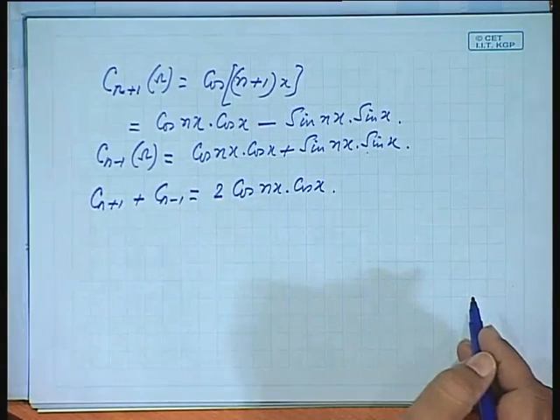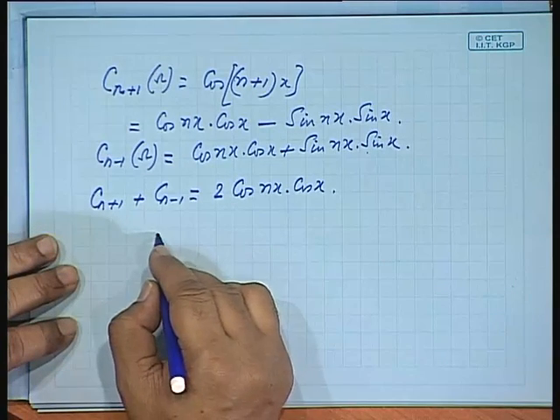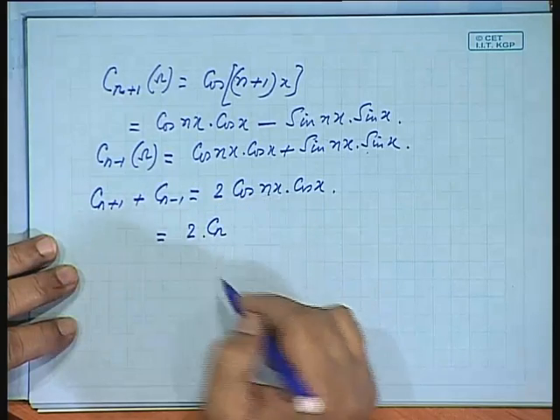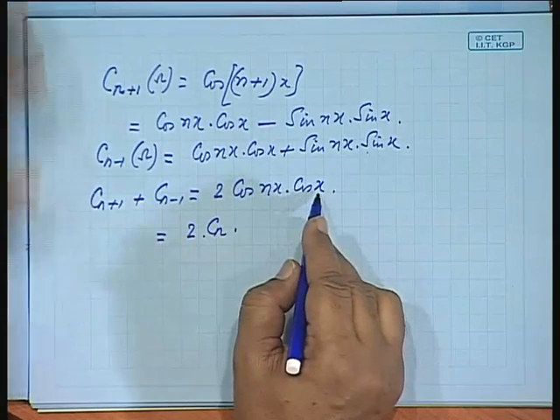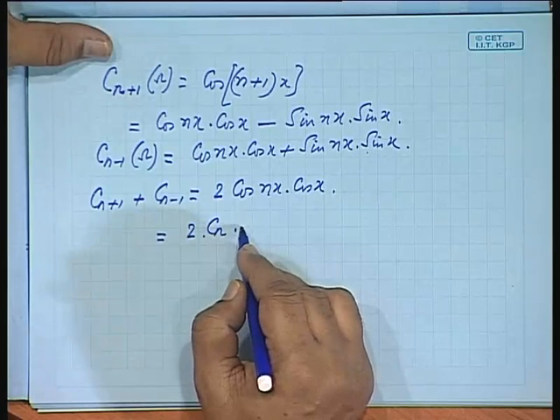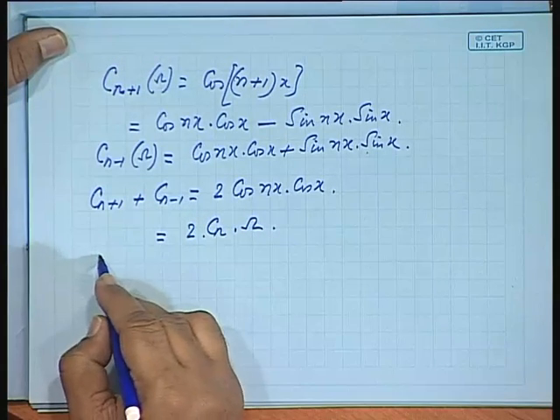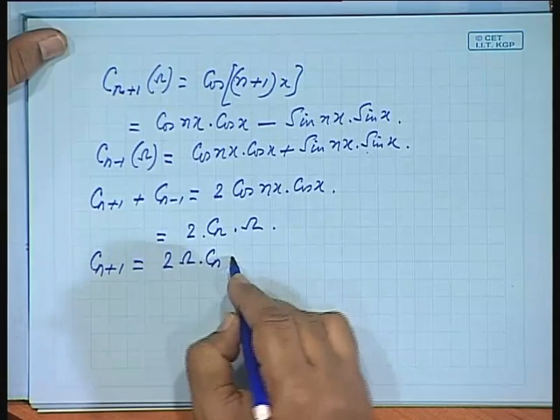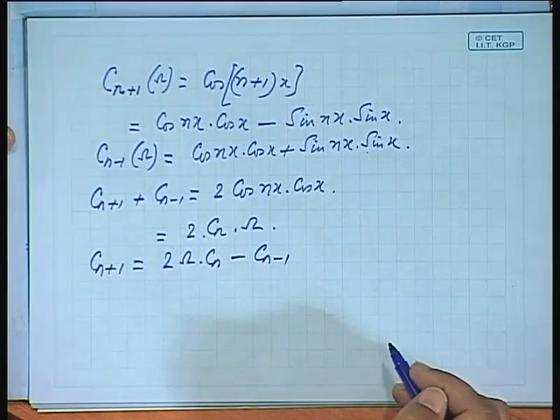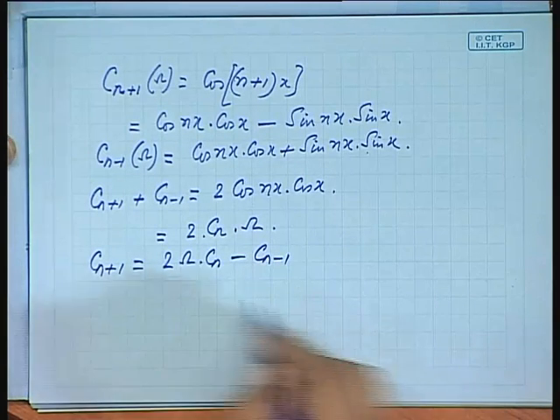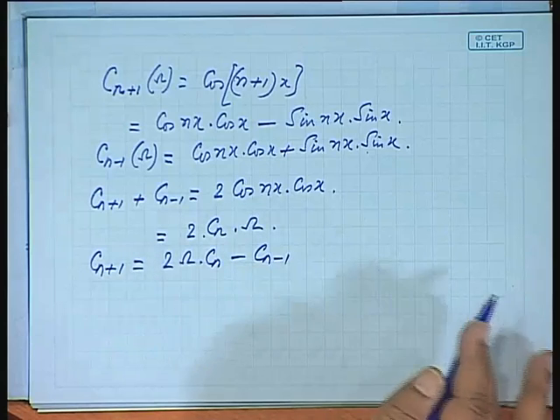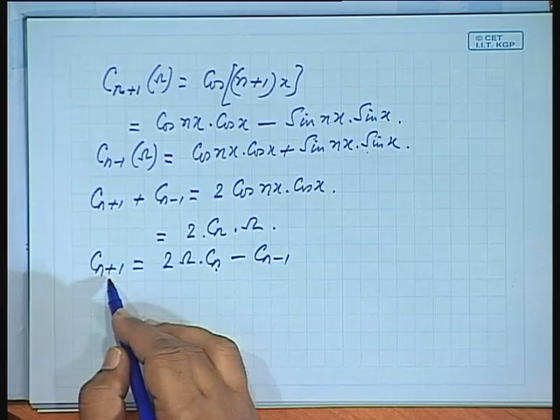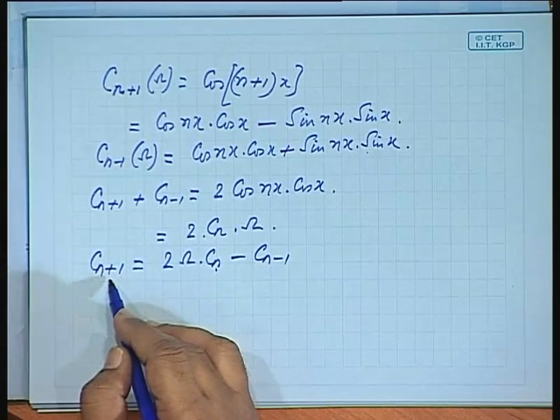Do you agree? So, twice Cn cos nx is Cn into cos of x, omega. So, Cn plus 1 becomes twice omega Cn minus Cn minus 1. So, this is a recursive relationship that we have got. In terms of Cn and its previous value, we can generate a new polynomial Cn plus 1. This is a polynomial in omega.